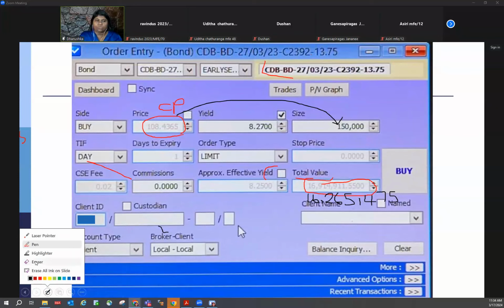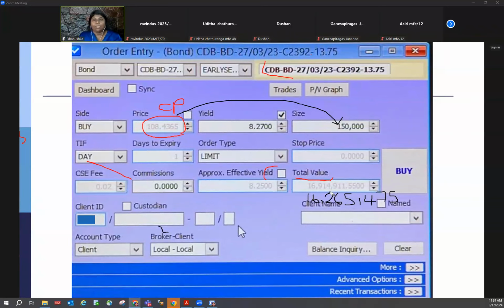Here it shows you 16,914. What is the difference between 108 into 150,000 showing 16,265 and the total value payable being 16,914? One difference between these two is fees: brokerage charges, CSE fees, CDS fees, all of those. The second difference is accrued interest. Any questions?